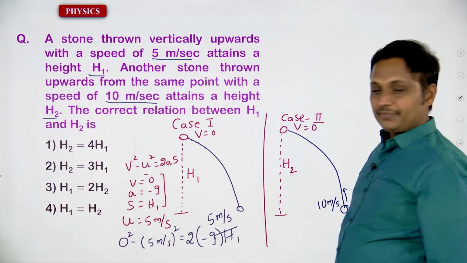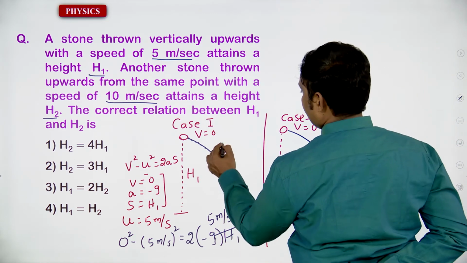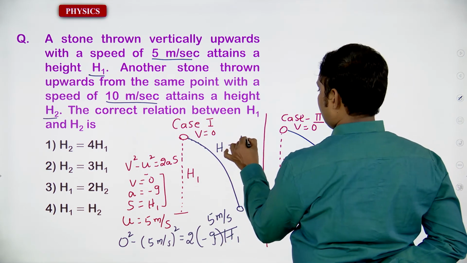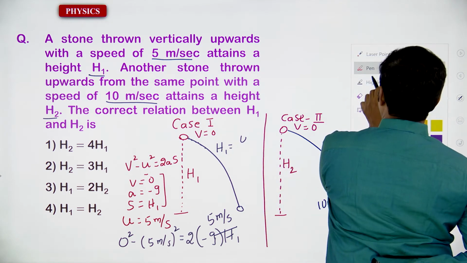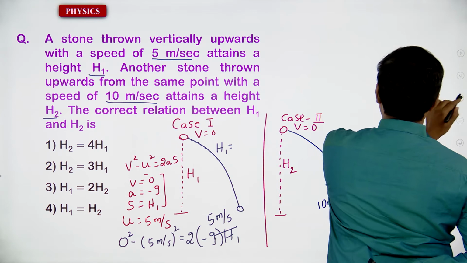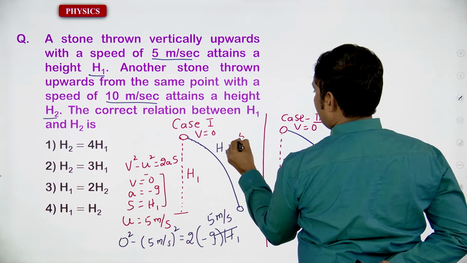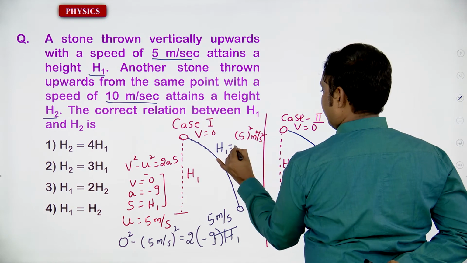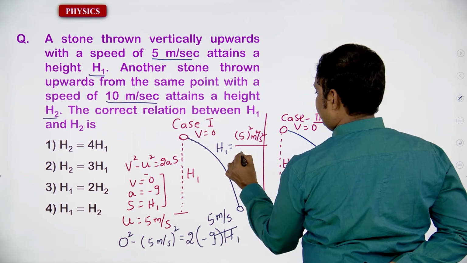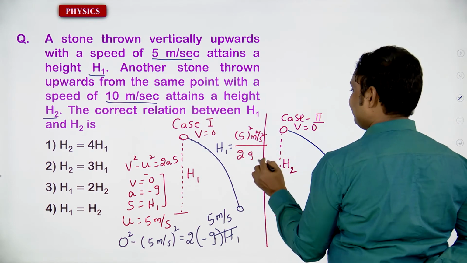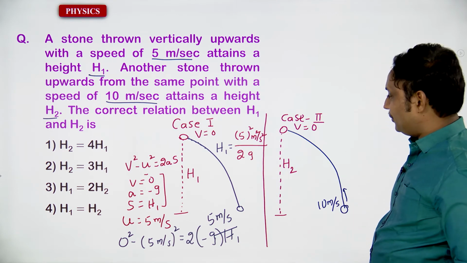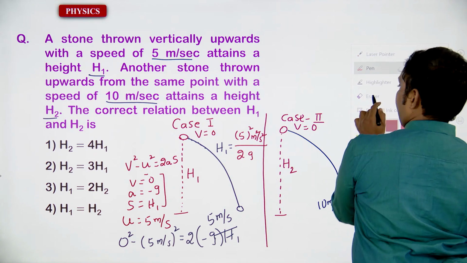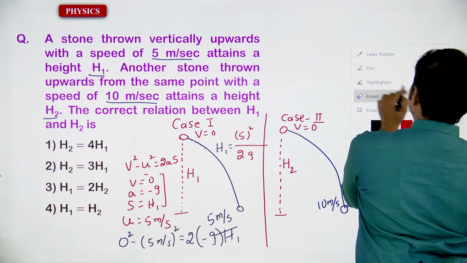So you can find h1 is equal to u square by 2g, that is 5 square by 2g. Just ignore the units.